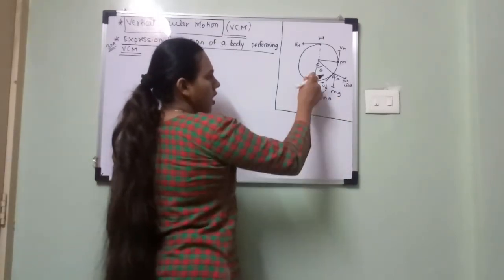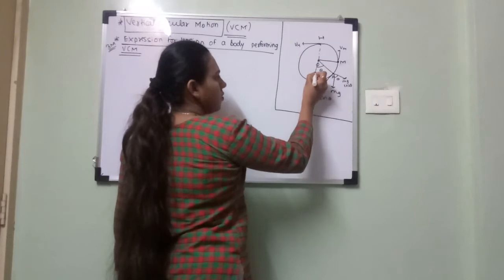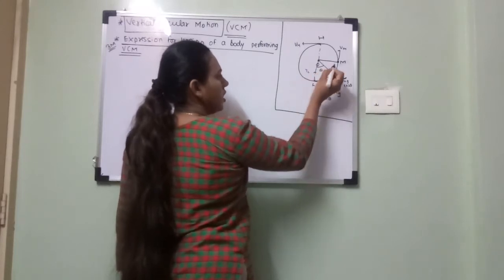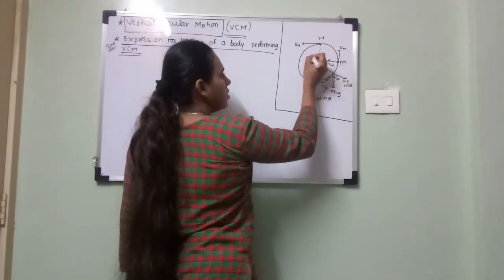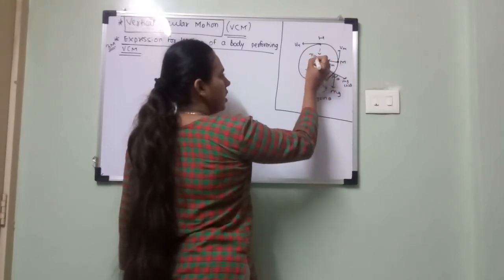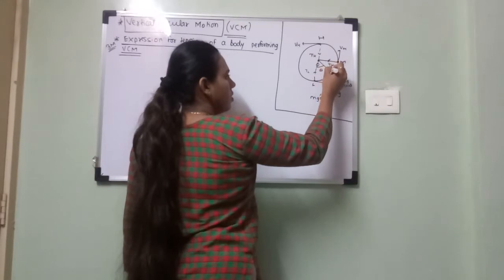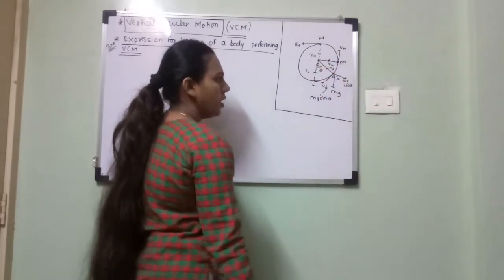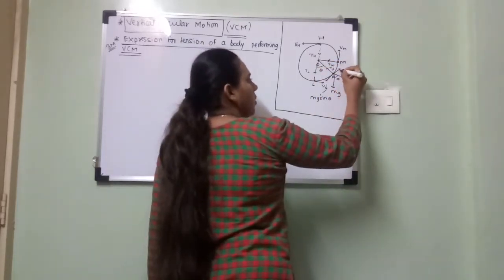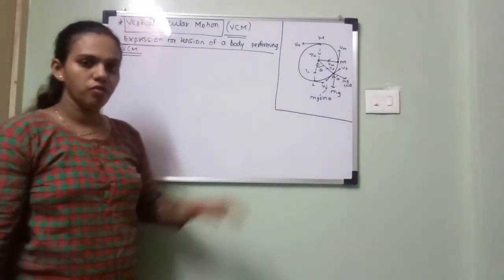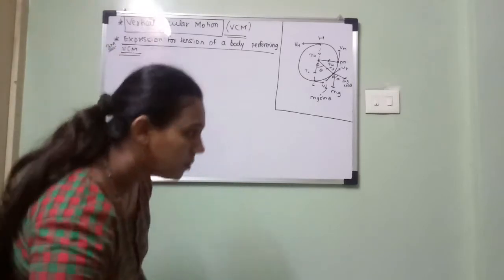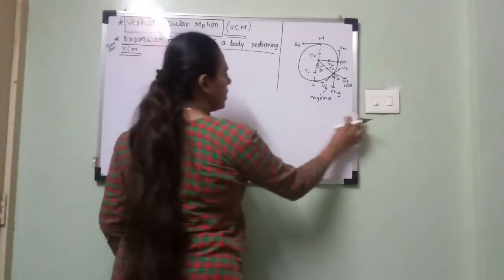Tension towards the center at lowest position is denoted by TL, at mid it is denoted by Tm, and at highest it is denoted by TH, and at particle P it is denoted by Tp, and the velocity at point P is Vp. So this is the general figure for VCM. Okay, now let's derive the expression.